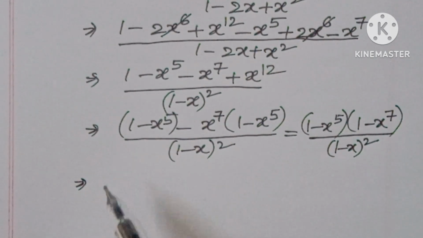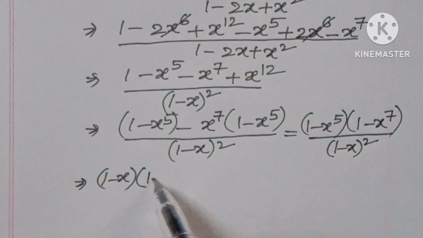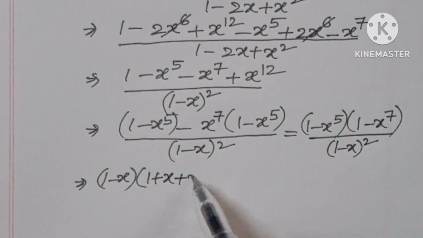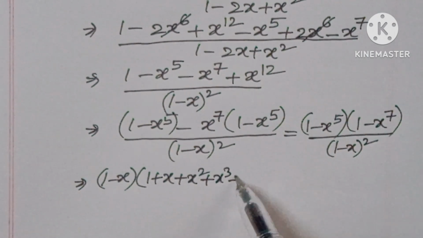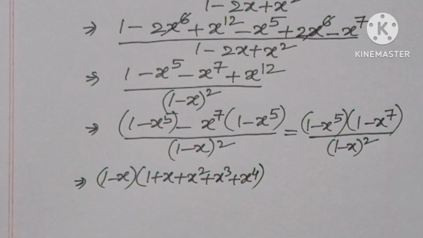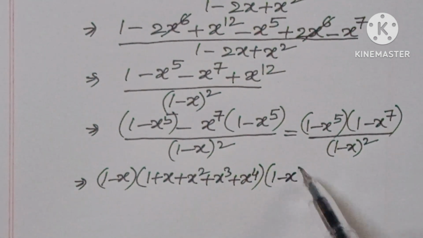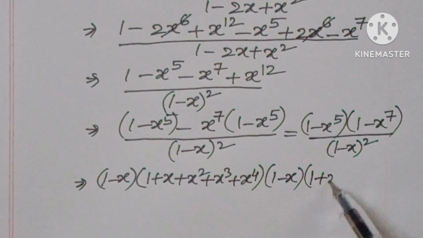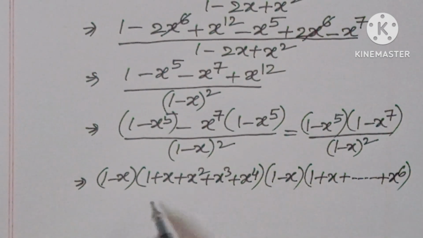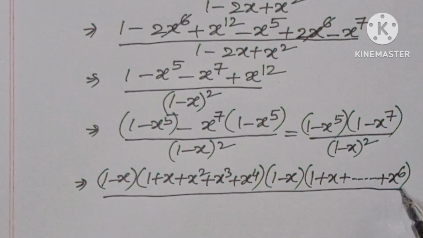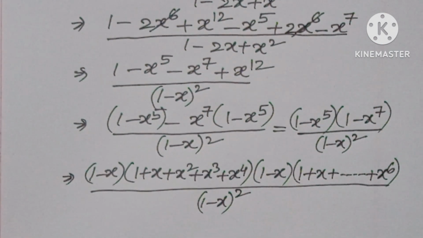So here 1 − x⁵ can be written as (1 − x)(1 + x + x² + x³ + x⁴). 1 − x⁷ can be written as (1 − x)(1 + x + x² + x³ + x⁴ + x⁵ + x⁶) over (1 − x)².